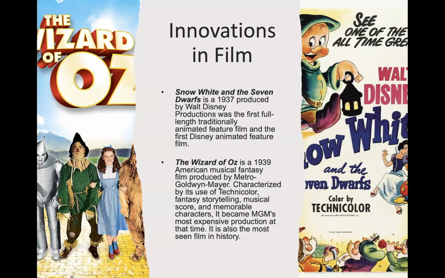And it became MGM's most expensive production at that time to make. There were a lot of changes made to The Wizard of Oz from the actual book. And we got the ruby slippers simply because the ruby red of the slippers showed up better than the silver of the book. And so now that is a trademark of the story.